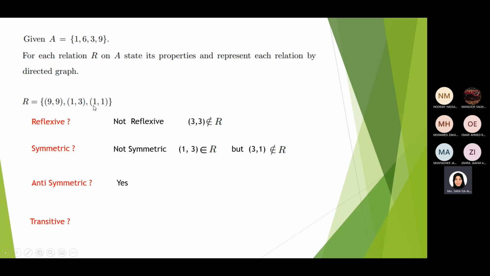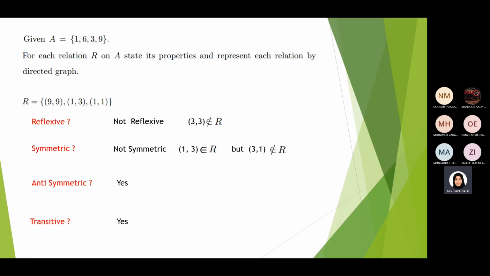No. So there is nothing to be checked. 1, 1, is there any pair starting with 1? This one ends in 1, so I have to start with 1. I have here 1, 3. So 1, 1 and 1, 3, then 1, 3 should be there. Yes, it is there. So in this case, it is a transitive relation.